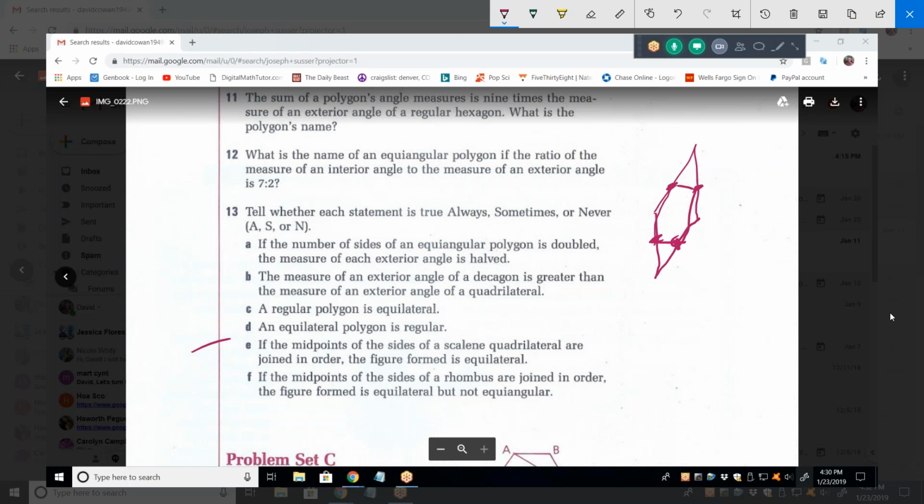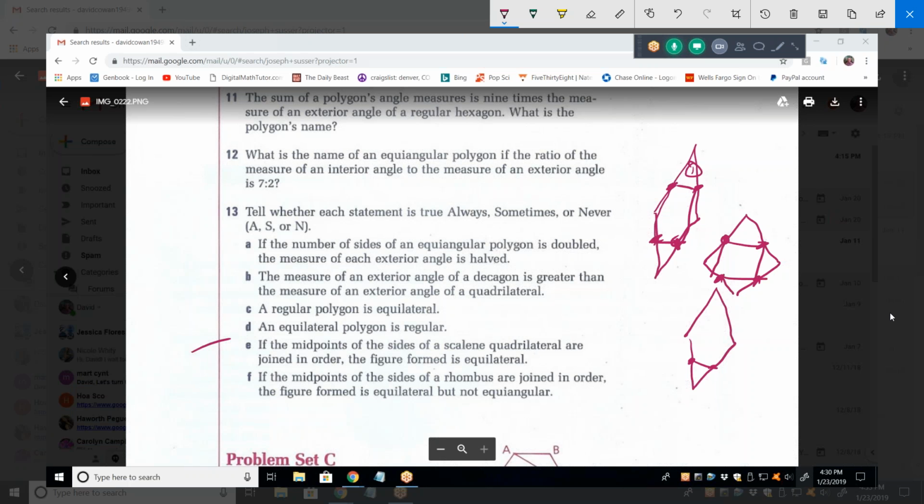Well, what happens as this angle 1 becomes bigger? That still does not work. That distance is still the shortest distance. And it's only when it becomes a square that the midpoints are going to be equilateral.